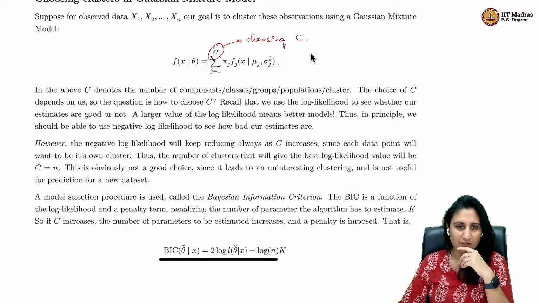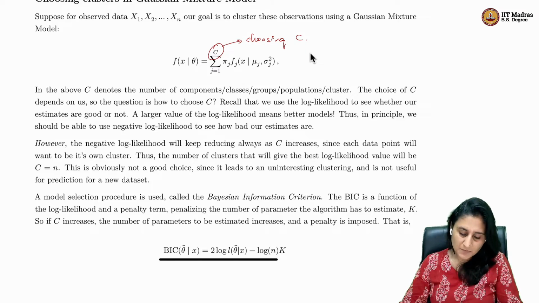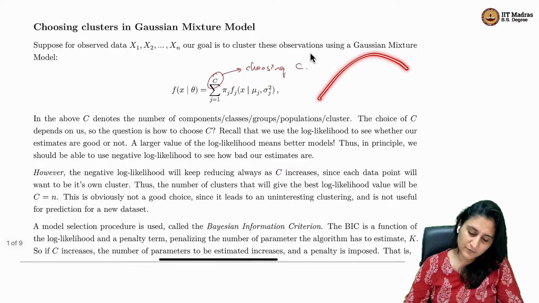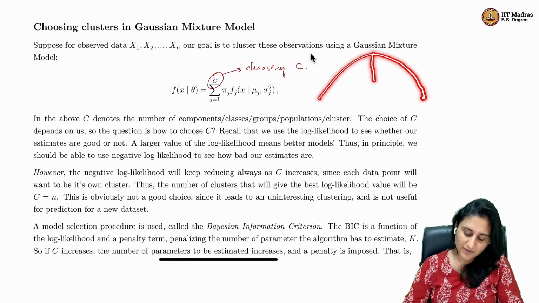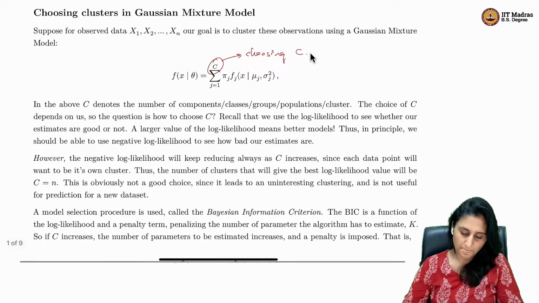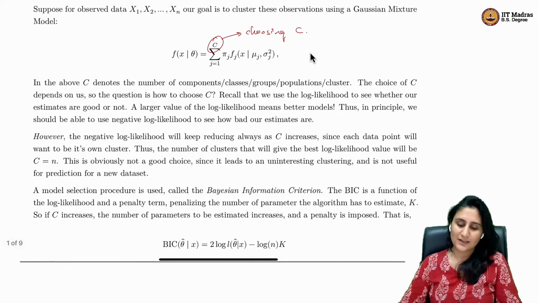This is what we know log likelihood to be, which means that we also know that a larger value of the log likelihood means a better model. So a value that gives me this log likelihood is significantly better than a value that gives me this other log likelihood. Larger values of the log likelihood are better.